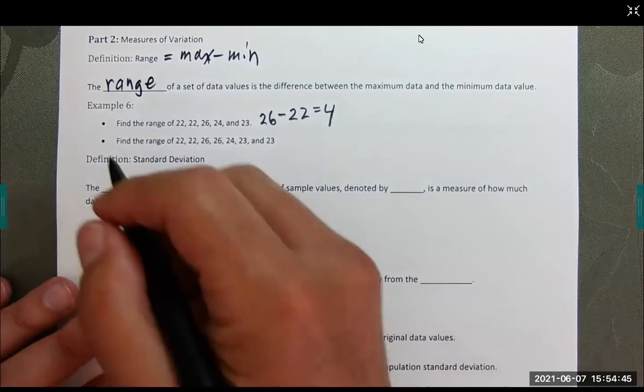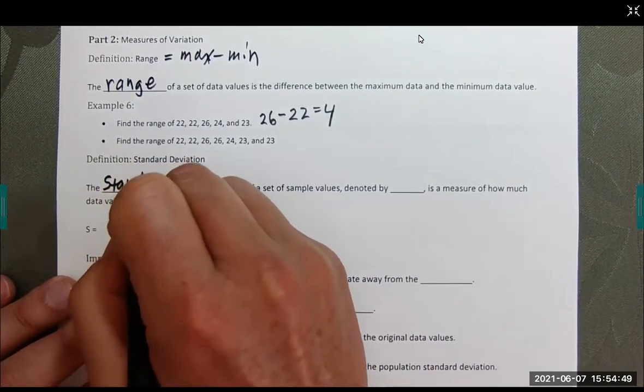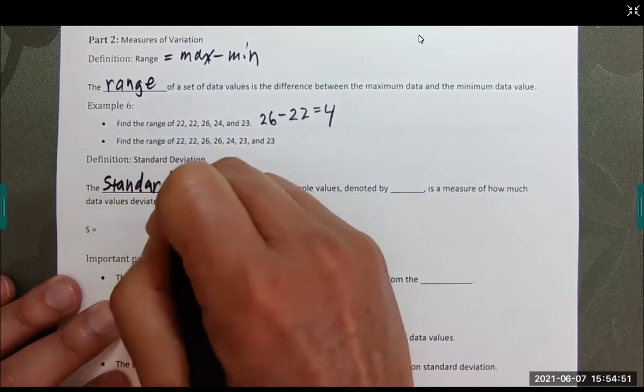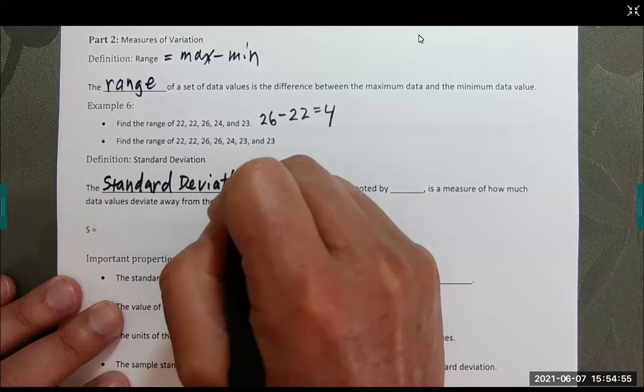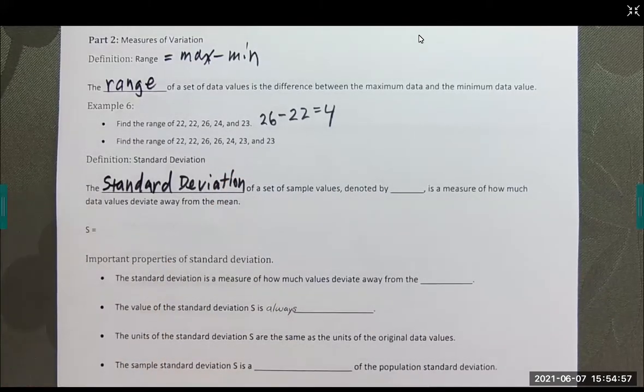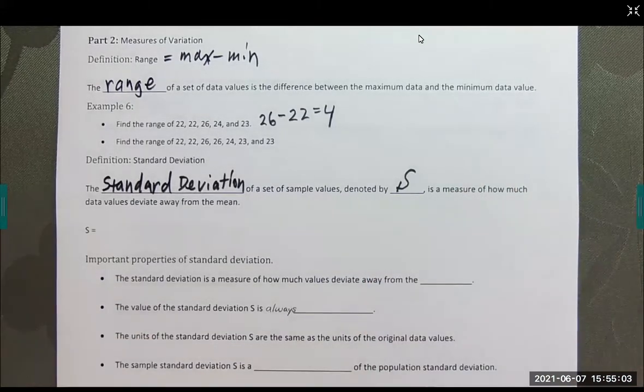However, we do use the standard deviation a lot. Standard deviation of a set of sample values, denoted by s, is a measure of how much data values deviate away from the mean.